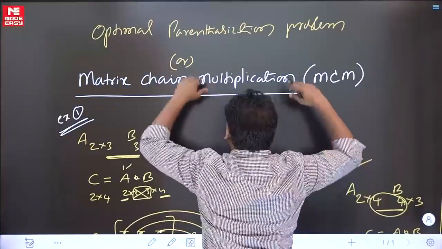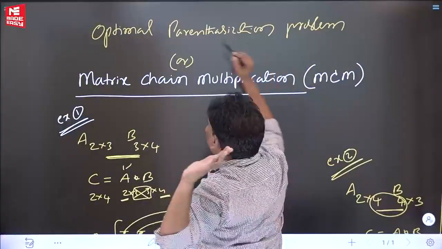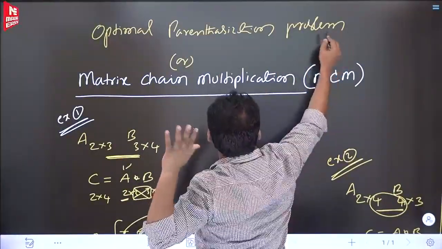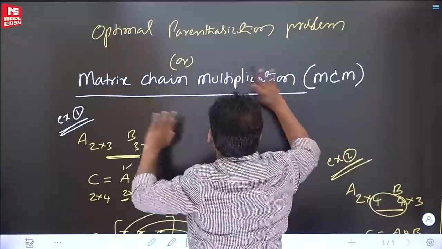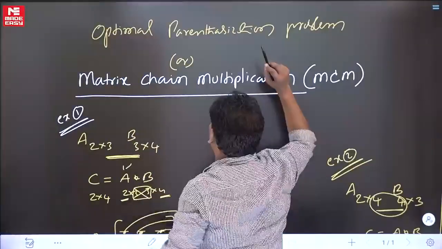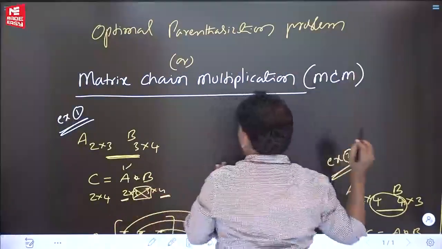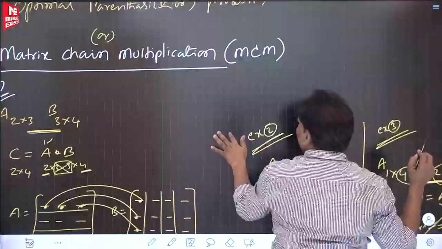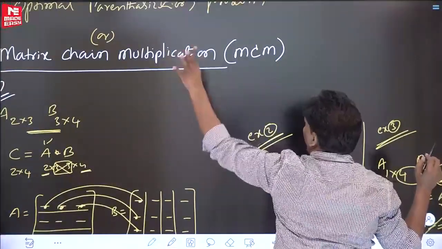If you keep brackets in which way, you will get the minimum number of multiplications, right? Because of the associative property, so many ways are there to keep brackets. If you keep brackets in which way, you will get fewer multiplications. That is called the optimal parenthization problem. That is the meaning of this problem.